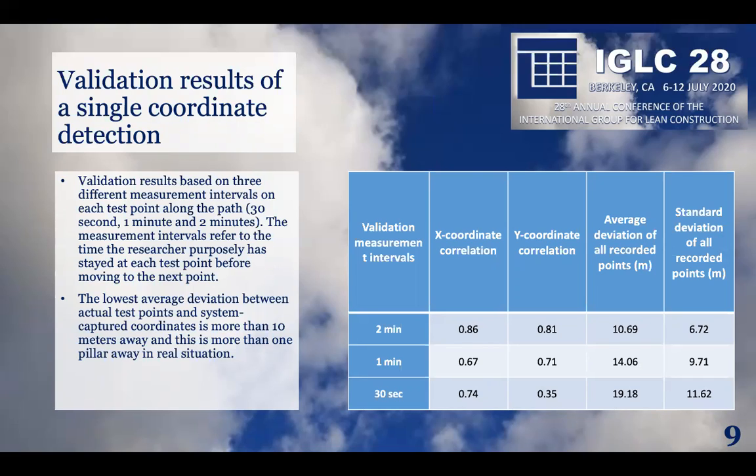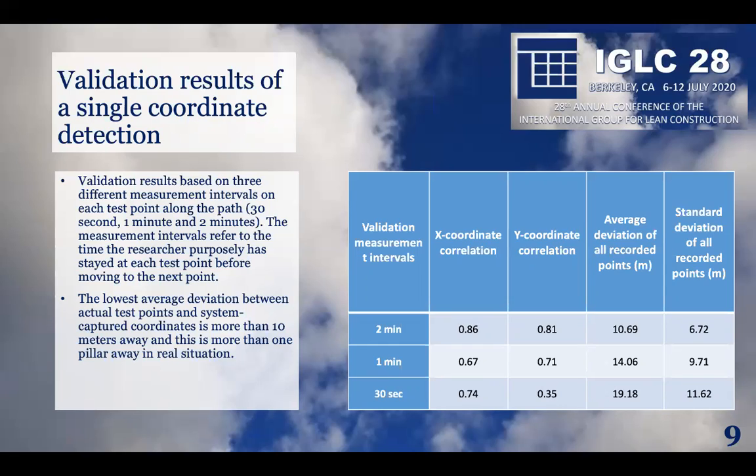The validation results are based on 3 different measurement intervals on each test point along the path: 30 seconds, 1 minute, and 2 minutes. The measurement intervals refer to the time the researcher purposely stayed at each test point before moving to the next one.